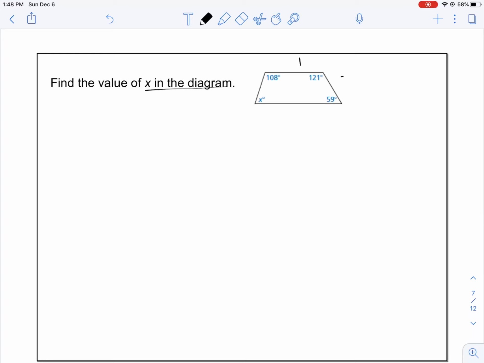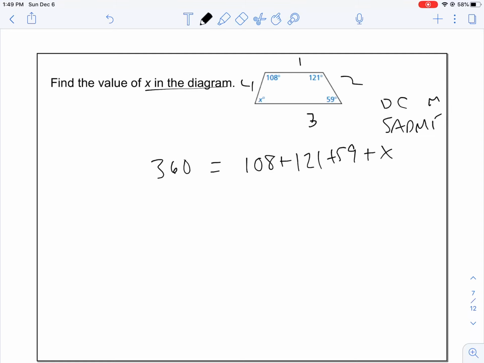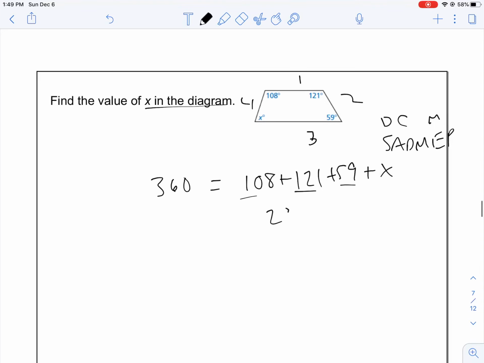All right, so here we go. Find the value of x in the diagram. Well, this is a quadrilateral, so I know this is equal to 360. But it's called the sum of the interior angles. So I sum or add all of the interior angles. We solve this using DCM SADMAP. So we're going to combine all of these. 108 plus 121 plus 59 is 288 plus x.